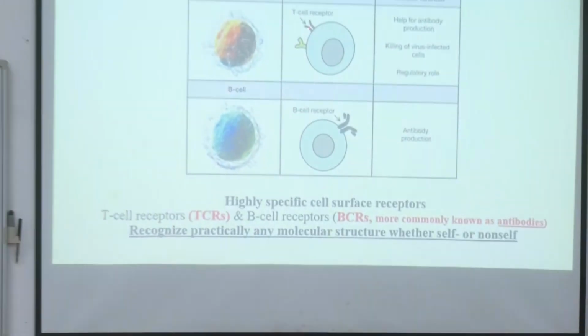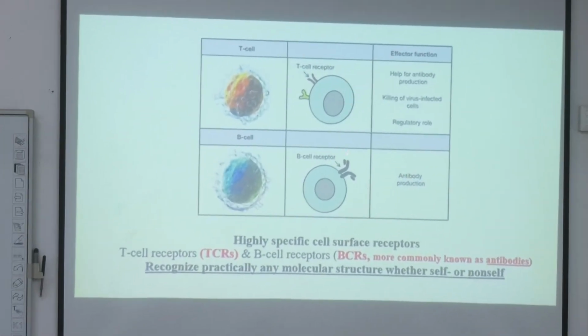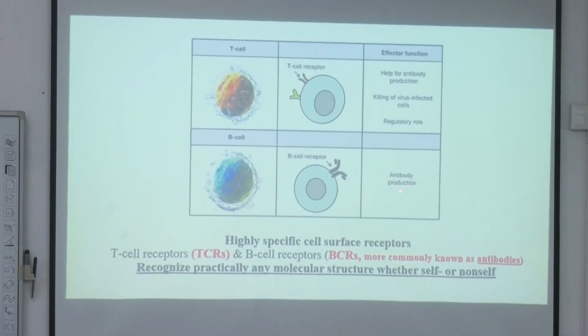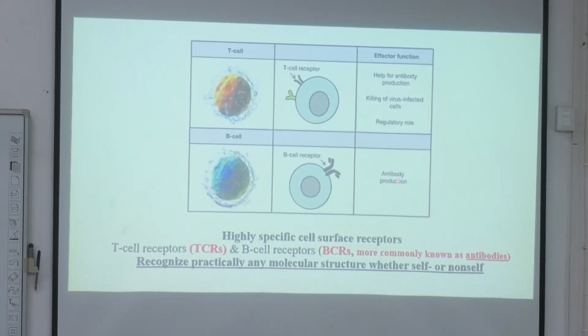In the T cell and B cell, there are highly specific receptors. Look at the structure of the receptor. The structure is quite different from the B cell. The B cell produces antibody on conversion to plasma cells, and some of the cells become memory cells, as I will show you later.